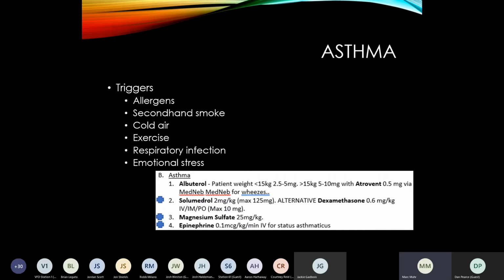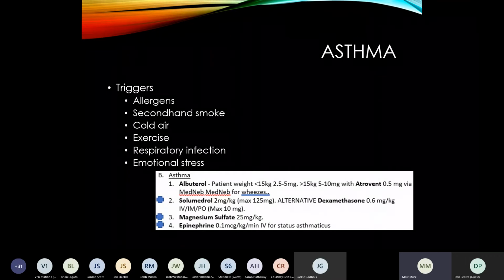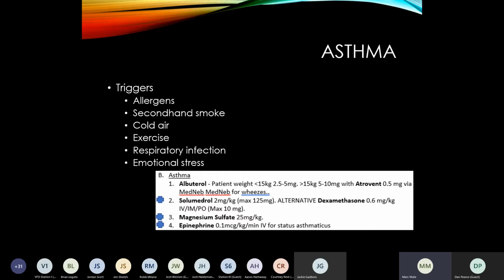Decadron is an alternative, and that's 0.6 milligrams per kilo if Solumedrol isn't available. And then mag sulfate, 25 milligrams per kilogram. These patients are often hypomagnesemic, especially if they're in a status asthmaticus situation. And then epi as appropriate via drip for status.